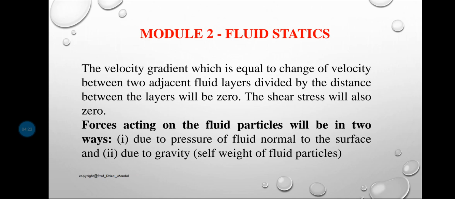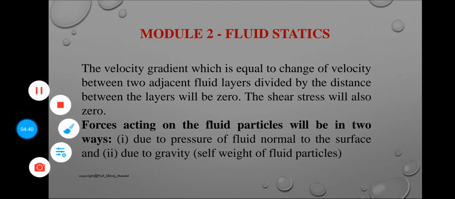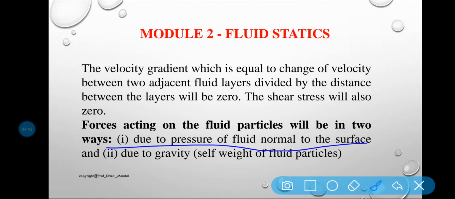Now there are two types of forces acting on the fluid when it is at rest: one is due to pressure on the fluid normal to the surface, and another is due to gravity or self weight of the fluid particle.